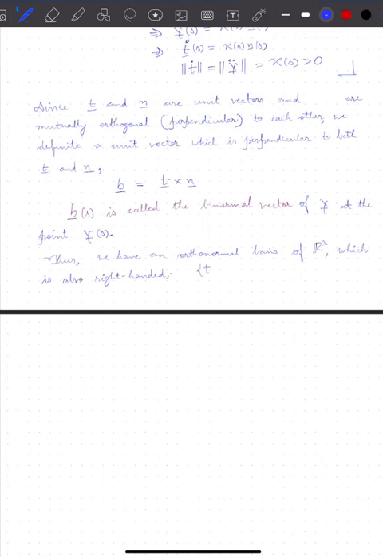That means the T vector, sequentially the N vector and the B vector, is our orthonormal basis. And it's also right-handed such that T vector cross N vector is equal to B vector, then N vector cross B vector is equal to T vector, and B vector cross T vector is equal to N vector. So that's what we mean by the right-handed coordinate system.